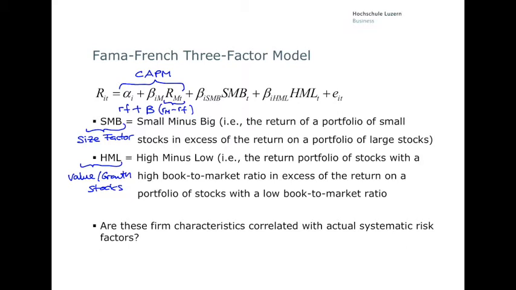Notice that in this model, the market index does play a role and is expected to capture systematic risk originating from macroeconomic factors. The other two factors are firm size, measured by market capitalization, and book-to-market ratio.